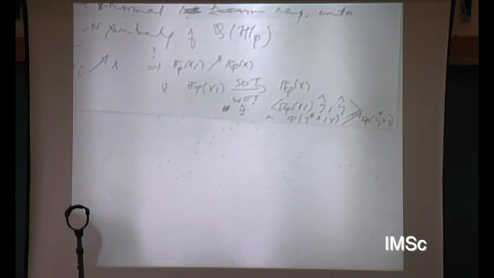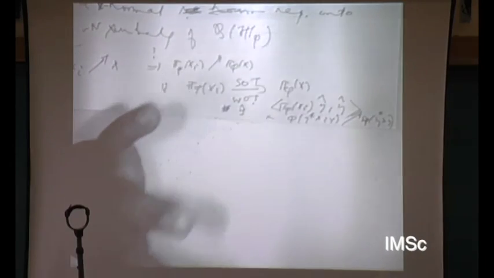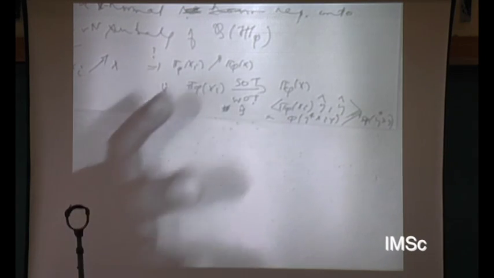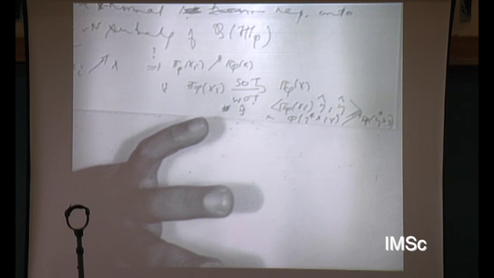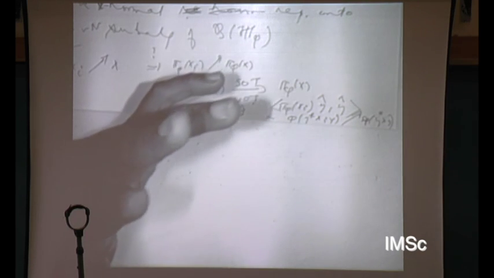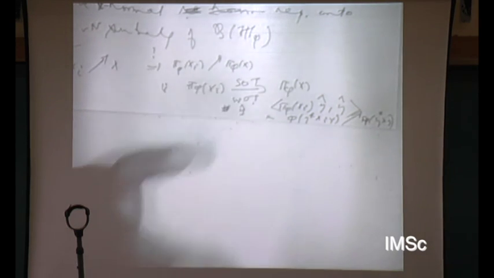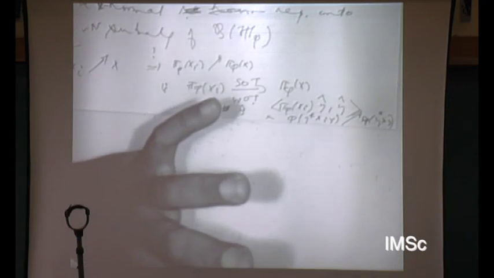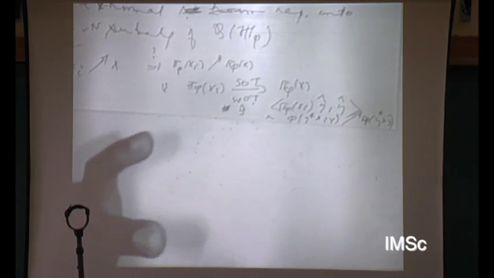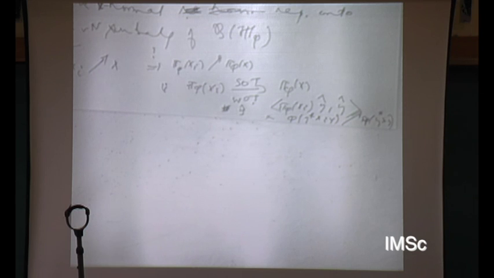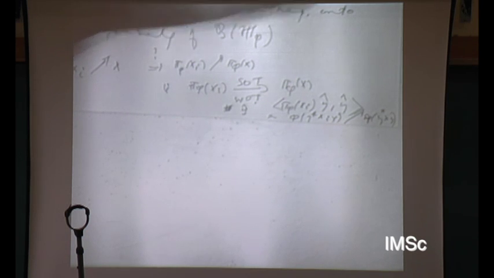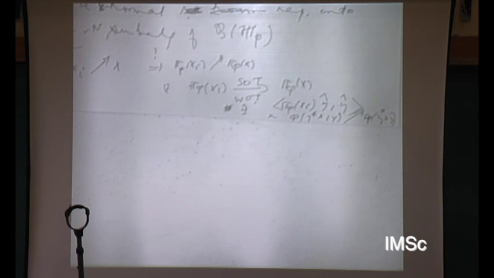Faithful means already at the level of C-star algebras, it means that it is an isometry. Right? We've seen this before. Any faithful map of C-star algebras is an isometry. That means pi phi maps the unit ball of M onto the unit ball of pi phi M. But the unit ball of M, what can you say about that?